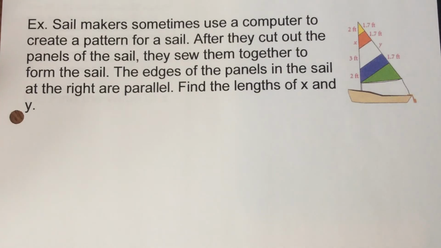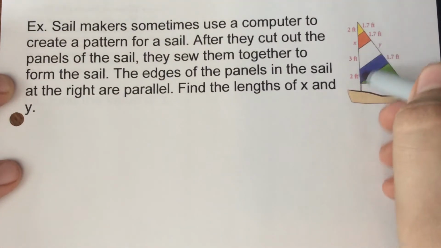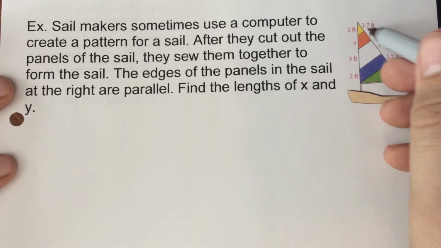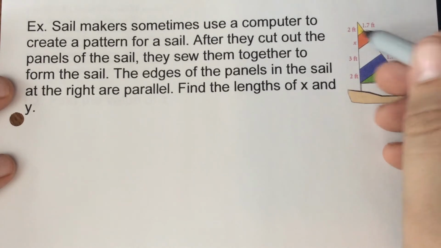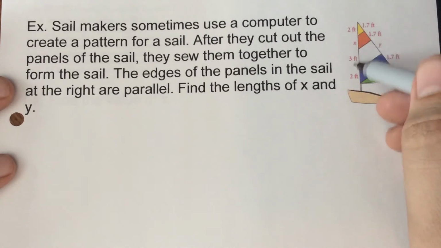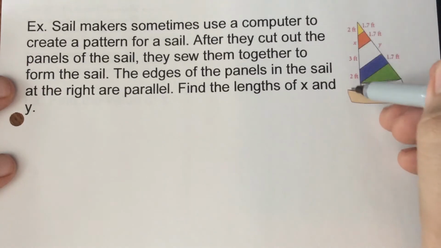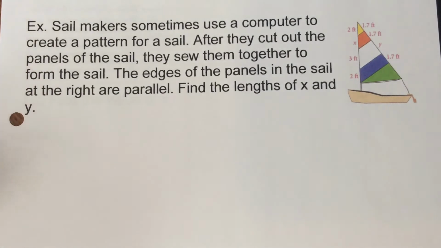Basically, these are all going to be parallel, obviously except for the green triangle at the bottom. So these first 2 would be the same ratio as these 2. As long as we pick the same 2 parts of each segment, we're going to be fine.